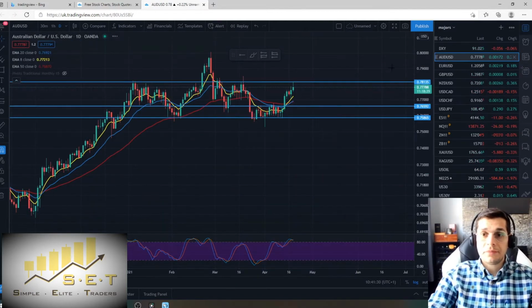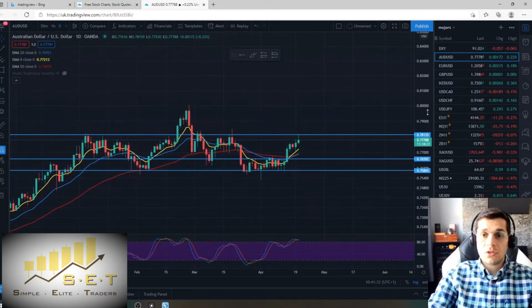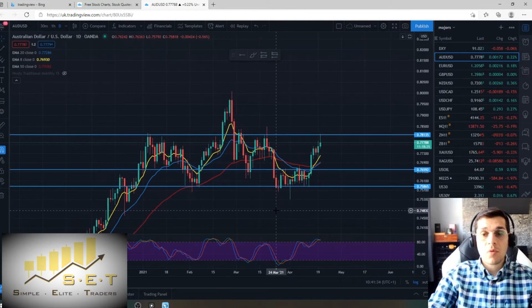Let's see Aussie Dollar. Aussie Dollar, which we analyzed a couple of weeks ago, was on a downtrend, and we were expecting this head and shoulders pattern, which is a reversal pattern, to go short.